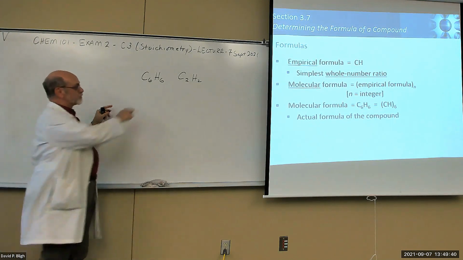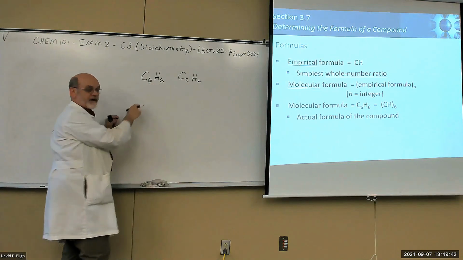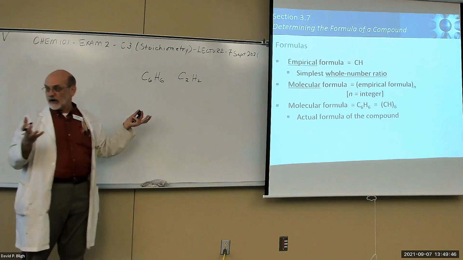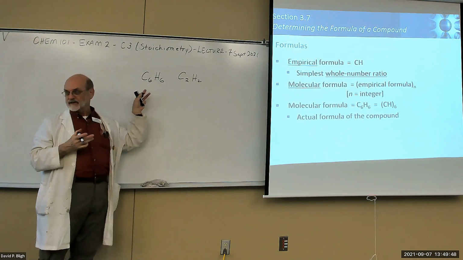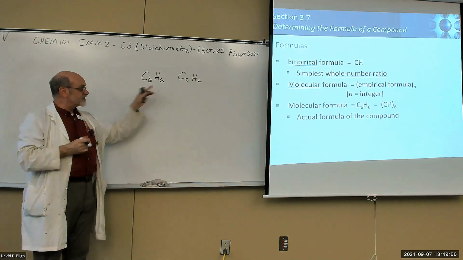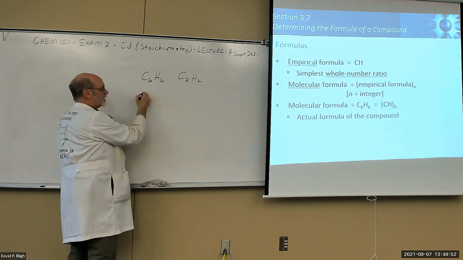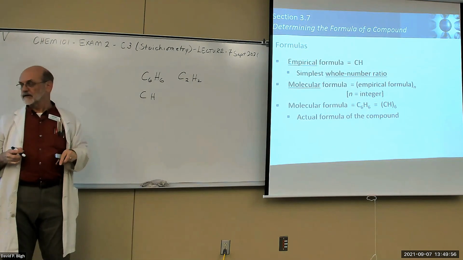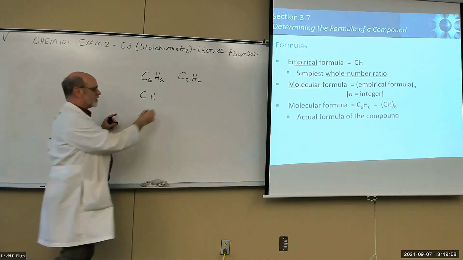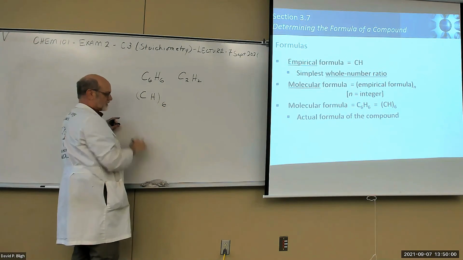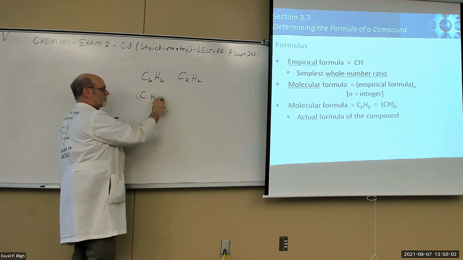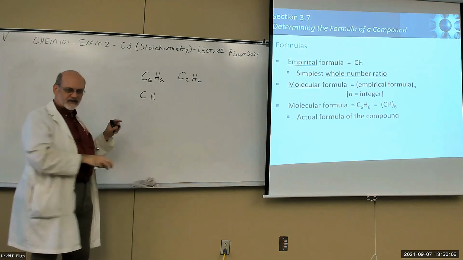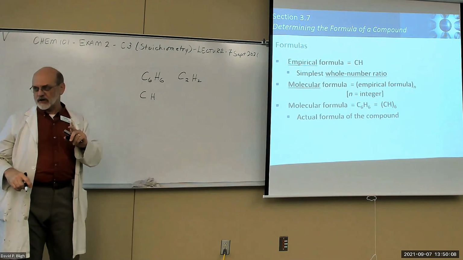If this were C6H5, you're stuck. You can't divide 5 a whole number of times into 6. But with 6 and 6, you can divide by 6. So the empirical formula here is CH, and the divisor was 6. So that has an empirical formula of CH, the simplest whole number ratio.